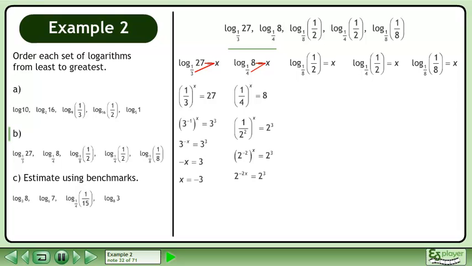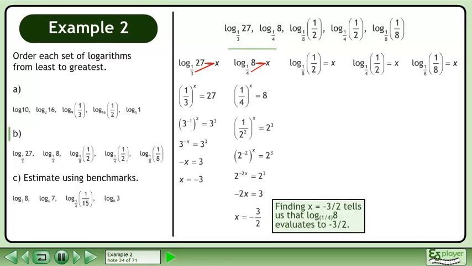Multiply the exponents. Set the exponents equal to each other. This gives us x equals negative 3 over 2. Finding x equals negative 3 over 2 tells us that the base 1/4 logarithm of 8 evaluates to negative 3 over 2.